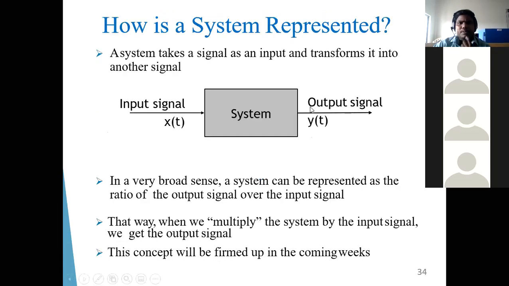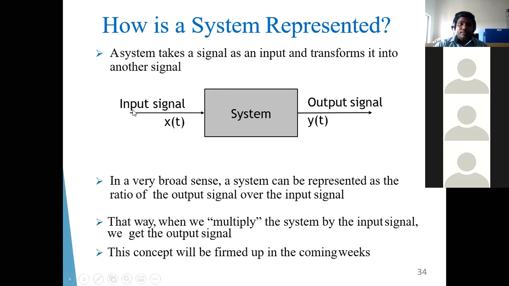Now, how is a system represented? The system is graphically represented like this. The input of the system is represented as x of t, whereas the output of the system is y of t.